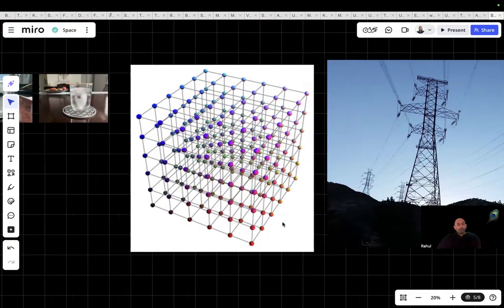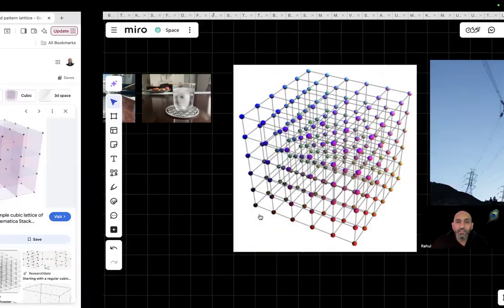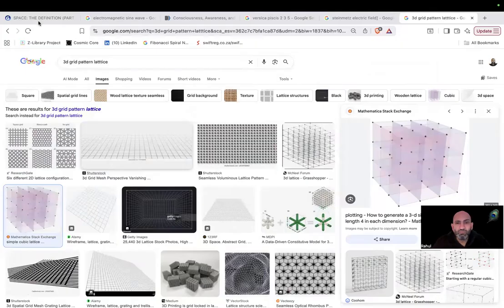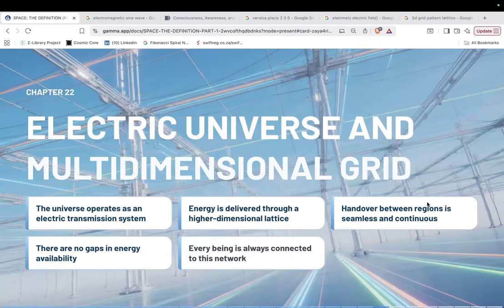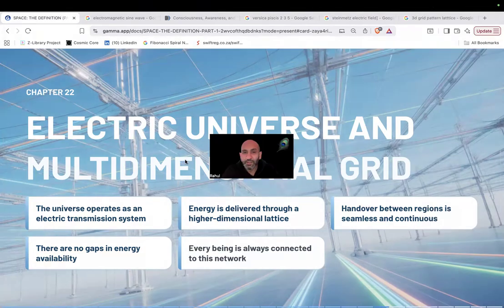So a few dimensions below on the energy transmission network, the universe's electricity transmission network is 3D. The source is actually 4D. The transmission is 3D.